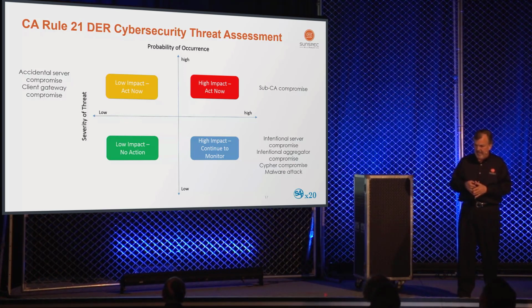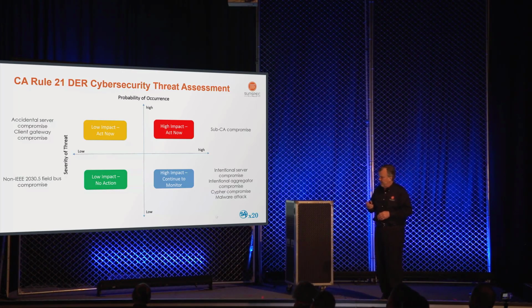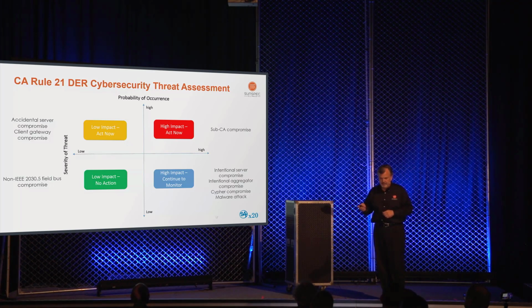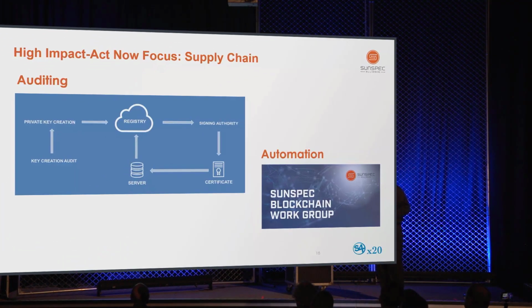Things can happen there by accident, so that needs to get straightened up. And then finally, we have the low impact, no action category, and non-IEEE field bus falls into that category. Again, because the size of these systems are so small and you're dealing with non-routable protocols, so it's not really that big of a concern. So at least for 2020, that's how we see the picture, and that then focuses what our priorities are.